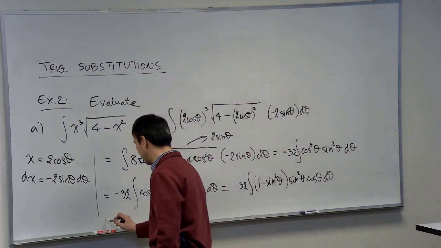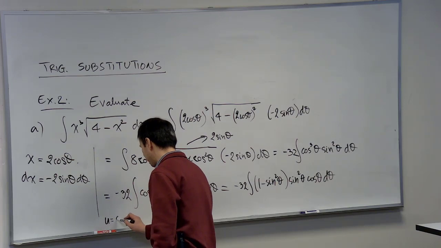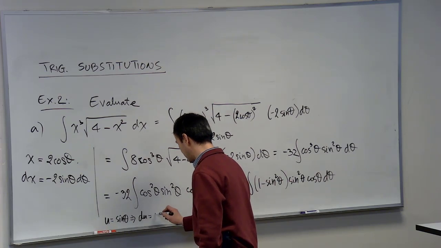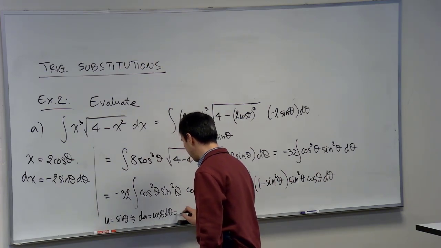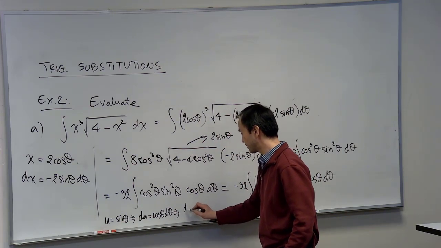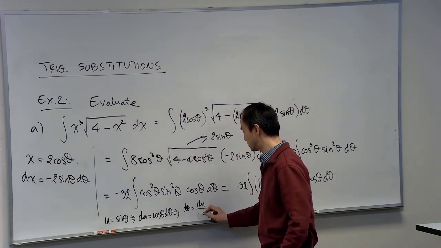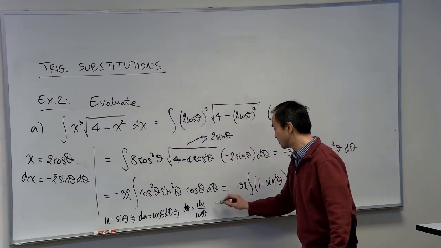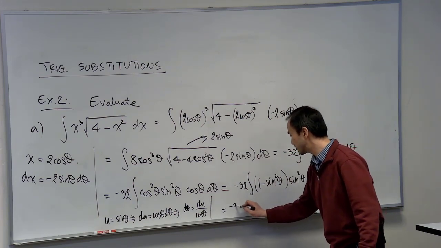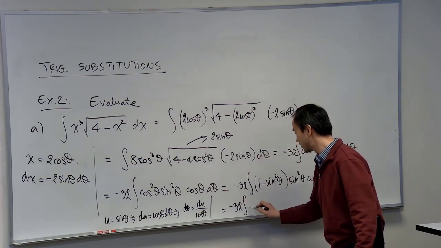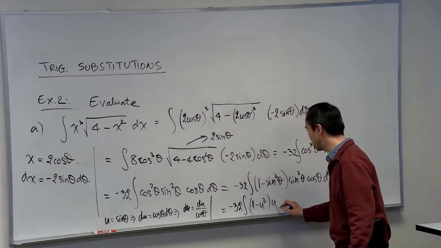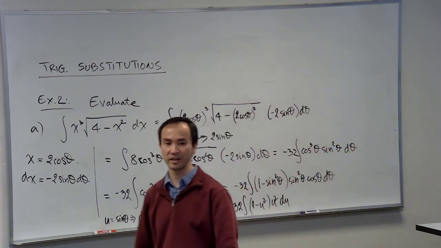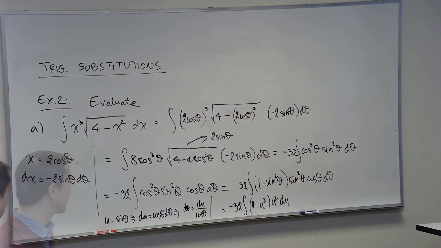So we're going to further substitute. Let u be sine theta. That means du will equal cosine theta d theta, which will lead to d theta being substituted by du over cosine theta. So the integral here will turn out to be minus 32 times the integral of 1 minus u squared times u squared du altogether after the substitution, after all the elements here are brought together. 2 different substitutions.